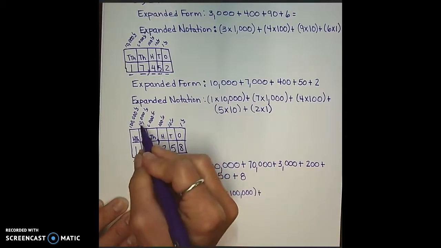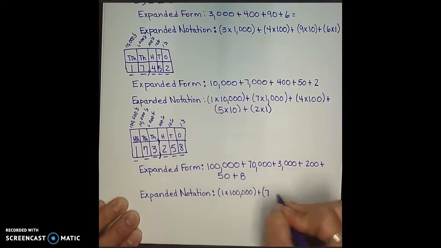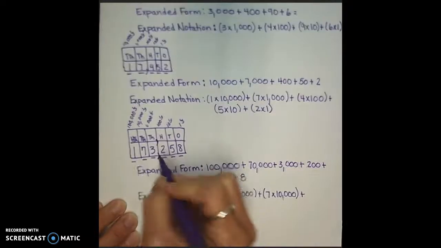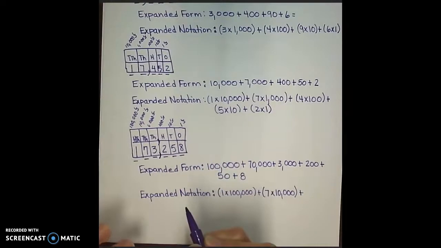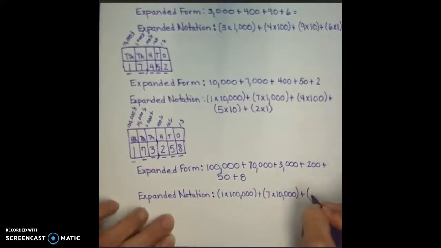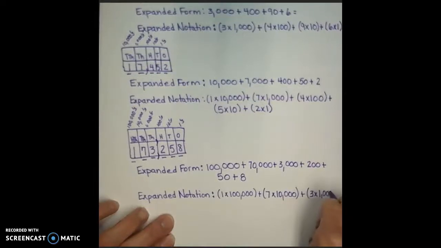I have 7 groups of 10,000, parentheses, 7 groups of 10,000, plus, then I move to my thousands place. I have 3 groups of 1,000, parentheses, 3 groups of 1,000.